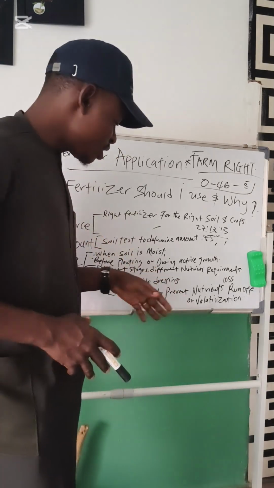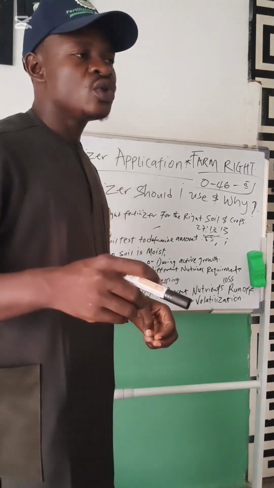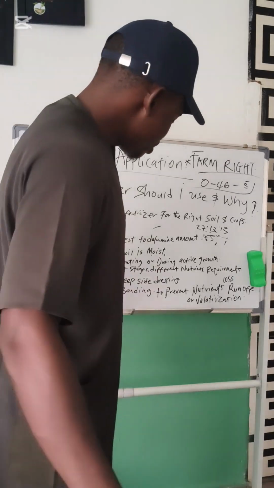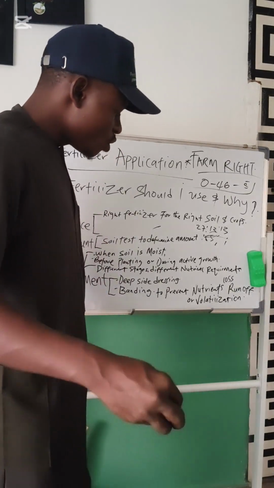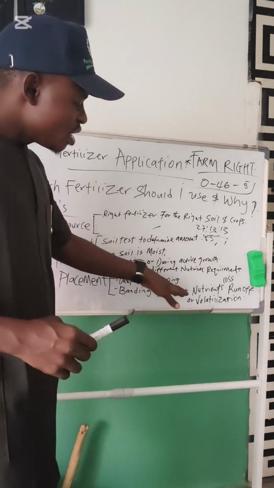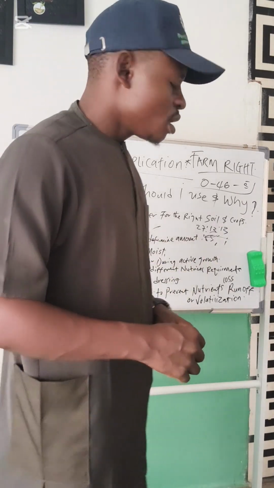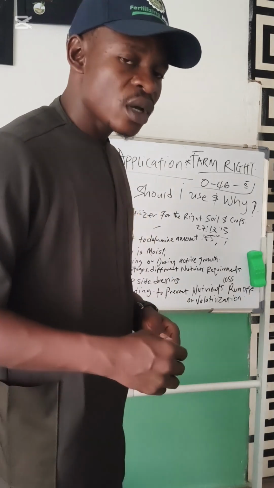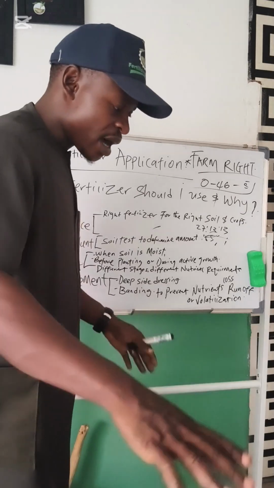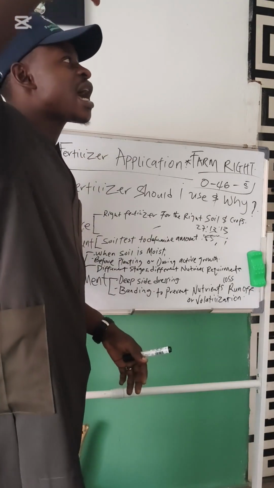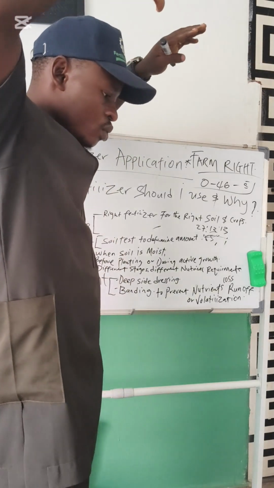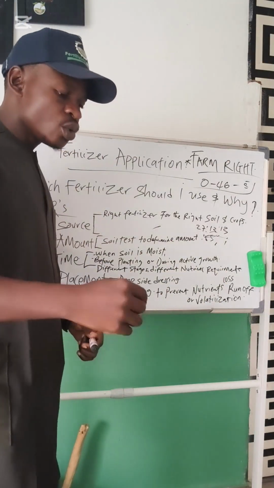You have heaps and ridges. Banding is the best method you use on heaps and even ridges. When you make a hole beside your crop and then you introduce fertilizers in the holes. The advantage of banding is it prevents nutrient loss, and it helps neutralize the fertilizer, because when you put and you cover, it's hard for the sun, for the heat outside, to react on the fertilizer.